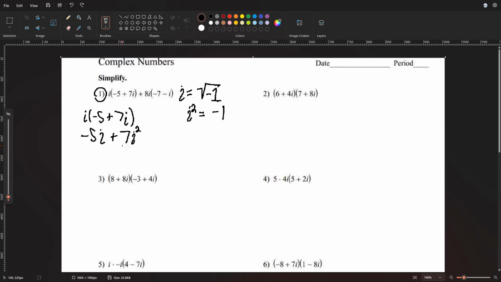So the left side of the equation is going to be negative 5i minus 7, because again, i squared is equal to negative 1, and it's essentially positive 7 times negative 1, which gives us negative 7. So this is the left half of the equation. Let us clear this out for some space. I'll rewrite it over here.